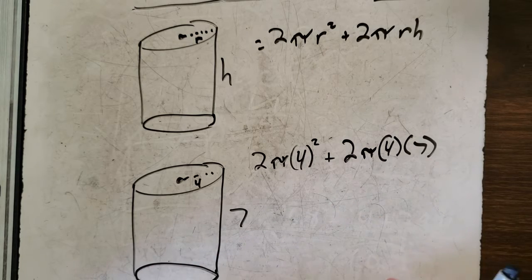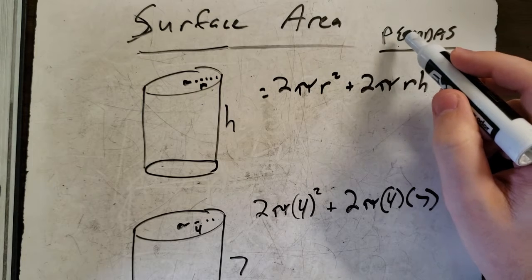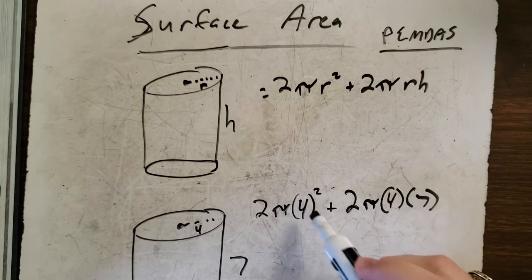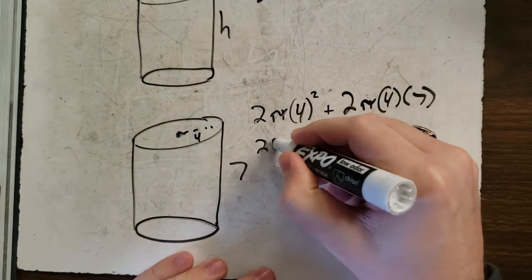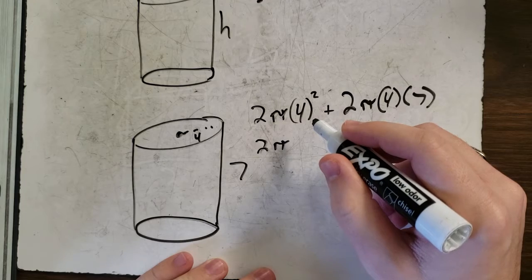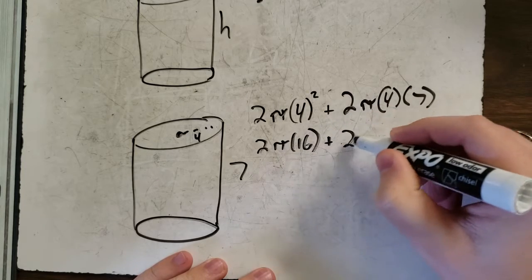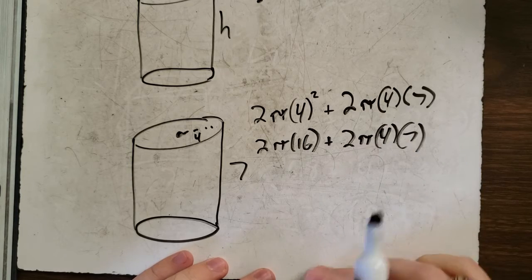Order of operations. What's our first thing we do in order of operations? Do our exponent. Exponent right here, 4 squared. 4 times 4 would be 16, and then the rest, 2 pi 4, 7. So we did that first.